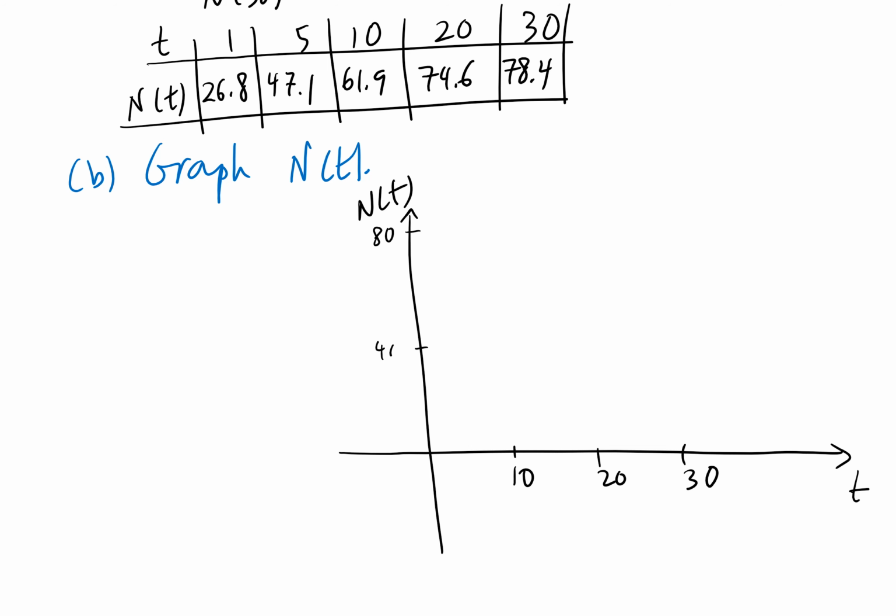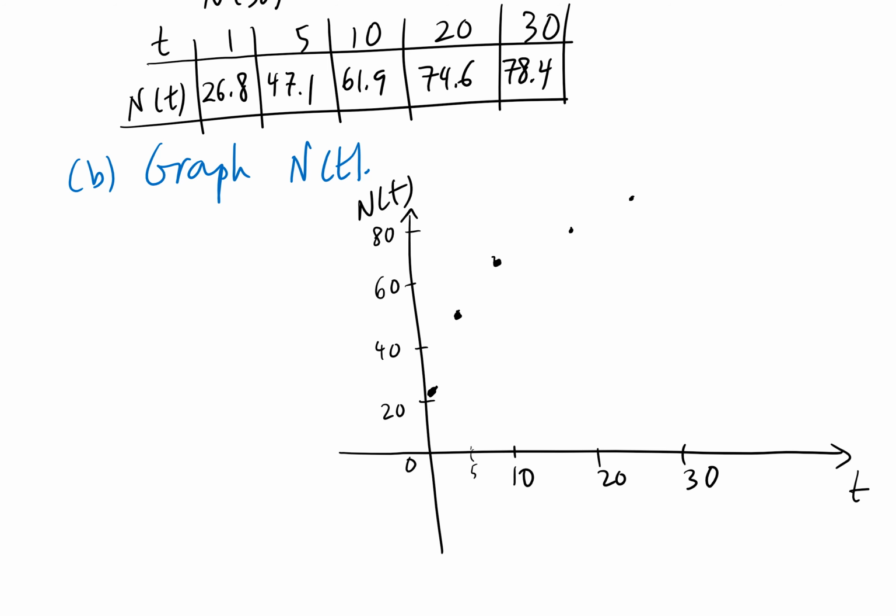So the middle one is 40, and 20, 60. That's a 0 here. So the first one was 26 something, so maybe here. Next one 5, which is the middle here, and it goes up to 40 something. Next one 10, 61. Next one 20, somewhere here, and the last one up there.